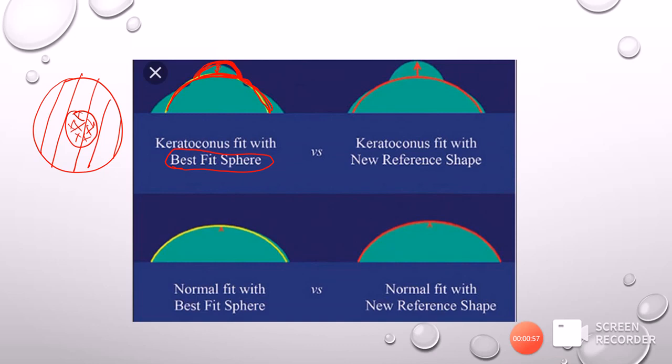However, what if we calculate a best fit sphere but we do not include this conical part? If we do not include this conical part, only the normal cornea is included for calculation of the best fit sphere. So we will get a new reference shape like this, and in this reference shape you can see now the distance between the cone and the reference plane is more, and now it is easier for us to understand and to diagnose even the early keratoconus.